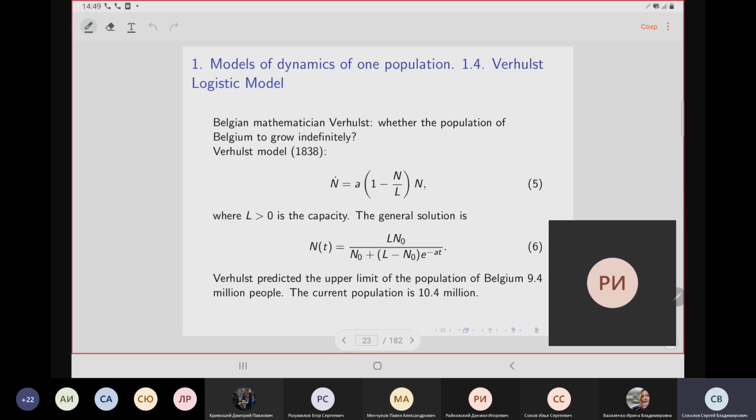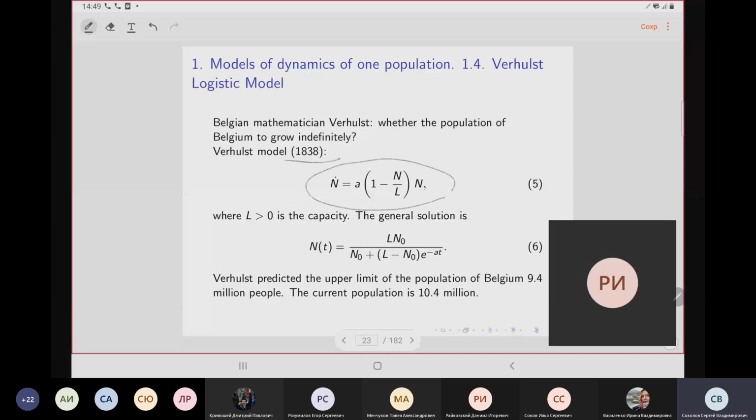The Gompertz model was a bit complicated because there is a logarithm. It's hard to calculate. So Verhulst, a Belgian mathematician, a few years later introduced a bit more simple model with the same features of the solution. Now, L must be positive, a is also positive.